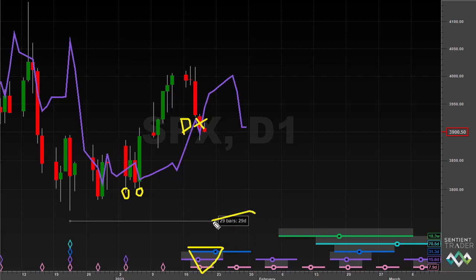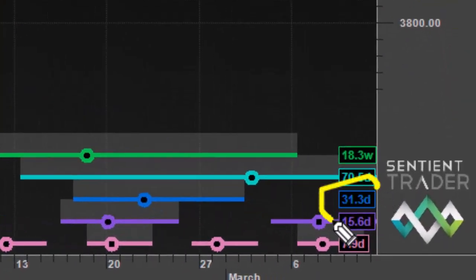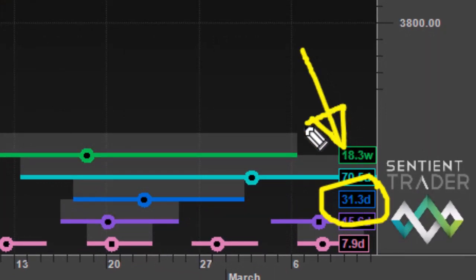As I've mentioned, there have been 29 days since the most recent 40-day cycle trough, which was also synchronous with the 80-day cycle trough. And the average length is 34 days. Let me write that 34 again because it's an important number to bear in mind. The other number to consider when expecting a trough to form is the recent average wavelength, which you can see at the bottom right of the chart over here, which has been 31 days.